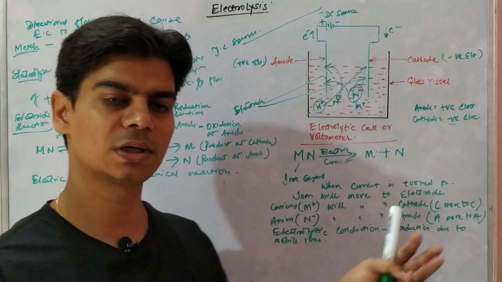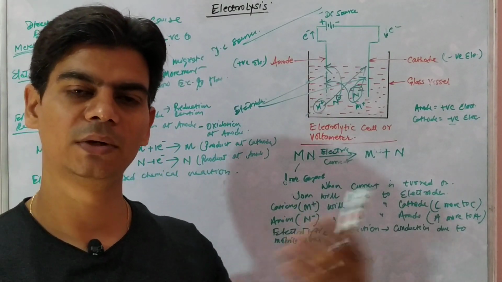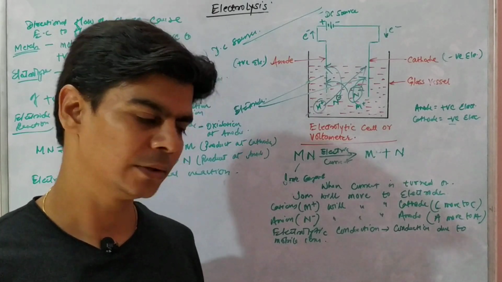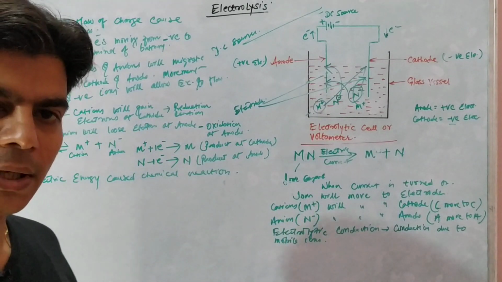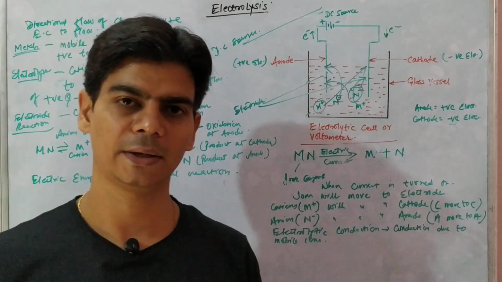When electrons start moving towards the respective electrodes, at the cathode they will gain electrons, and at the anode they will lose electrons, right? And due to this gain or loss of electrons, the products are formed at the cathode and anode.